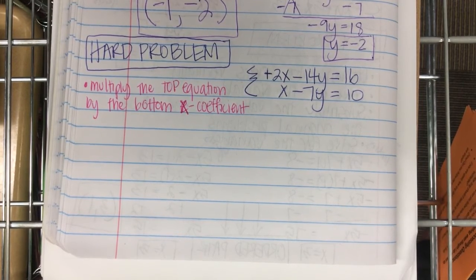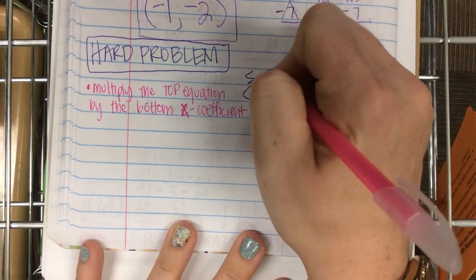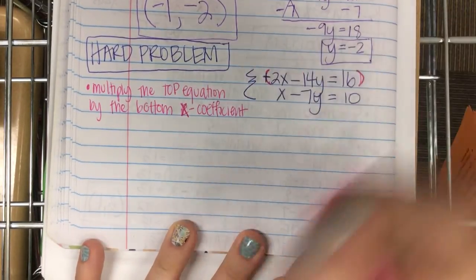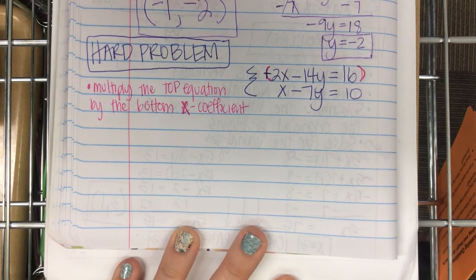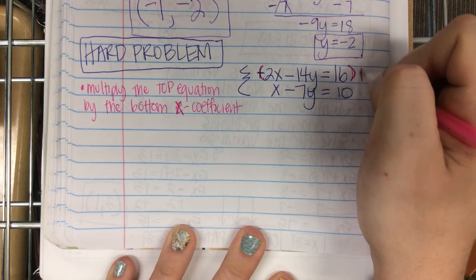Anytime there's a hard problem, if you use this step or these steps, there's more than this, you'll be able to solve it. So if I look, the top equation is going to get multiplied by the bottom equation's x coefficient. What's the x coefficient? 1.